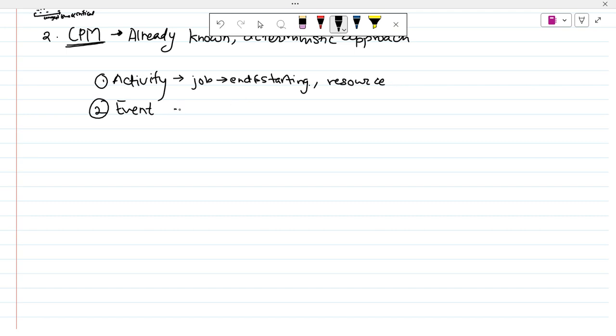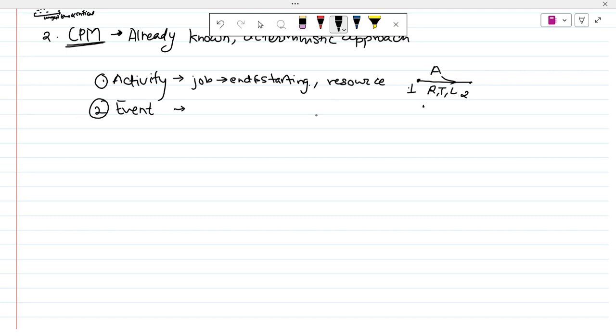In an activity on arrow diagram, if I plot activity A, these are point one and point two. From point one to point two, the activity consumes resources, time, and labor.